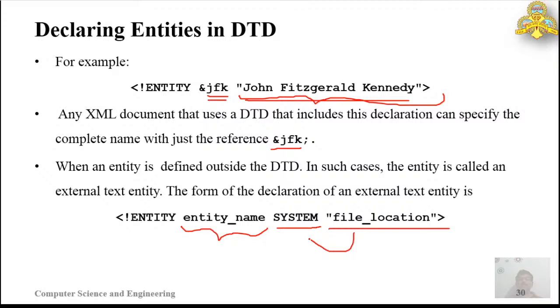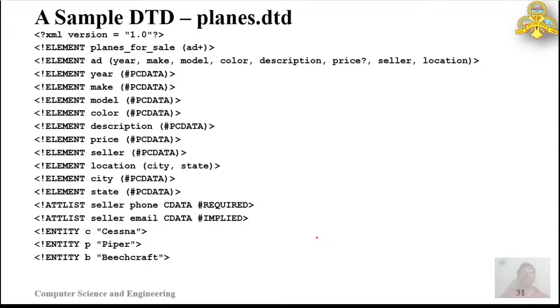Here is one example of a planes DTD that can be utilized in other XML files. Observe that the first line specifies the XML version, and here I am specifying planes for sale, that is, planes underscore for sale is the root element in the XML file.